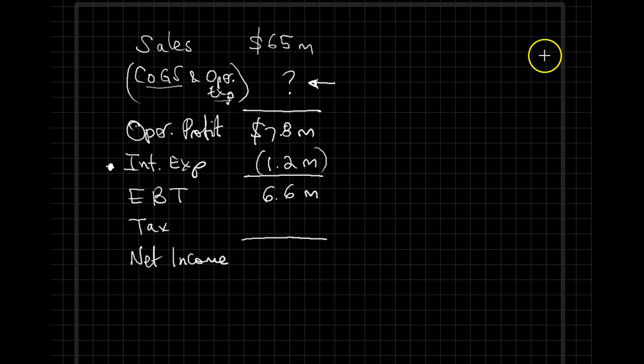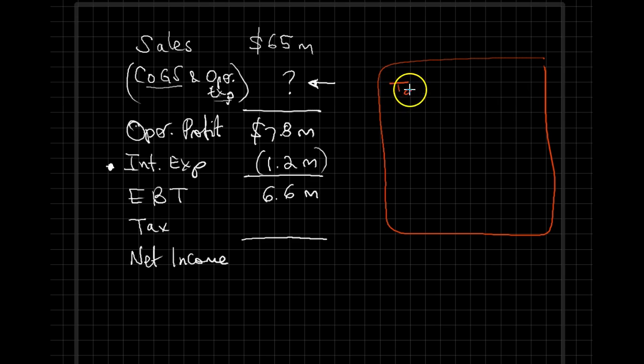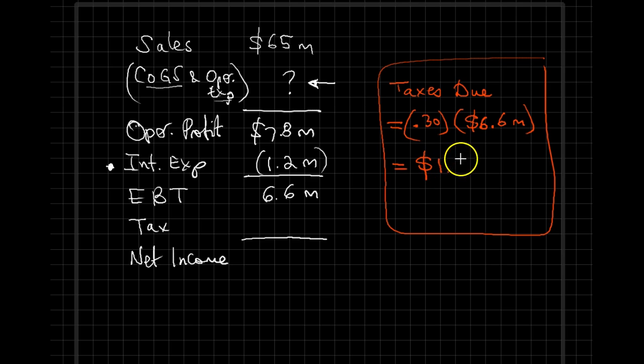So 30% of our earnings before taxes of $6.6 million would give us, let's open a separate box here, and inside that box let's calculate our taxes due. Taxes due equals our tax rate of 30% times our earnings before taxes of $6.6 million. Once we multiply these two numbers, we should arrive at $1.98 million.